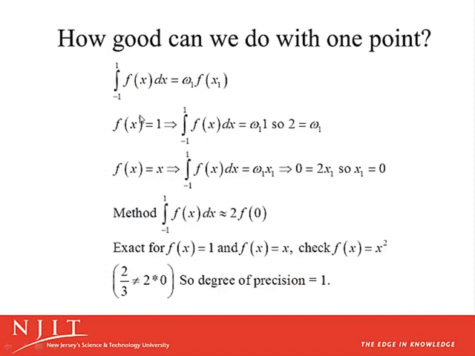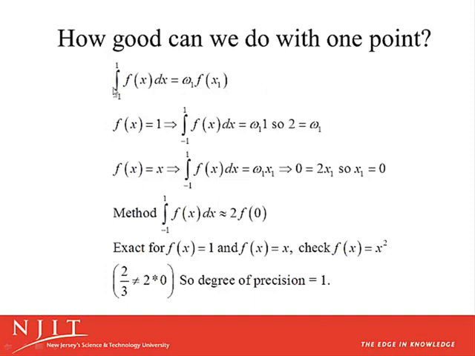Well, if we want to make that exact for y equals 1, we find the exact value of the integral of y equals 1 from -1 to 1. That's equal to 2. And that should equal omega 1 times the function value at x1. If the function is y equals 1, then the function value at x1 is 1, and so we find that omega 1 must equal 2.